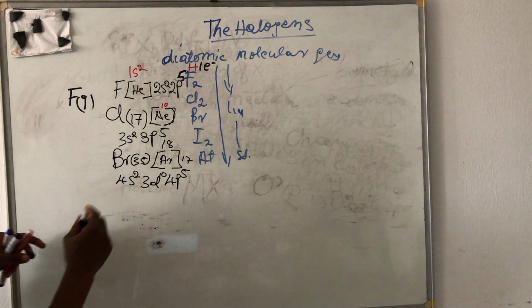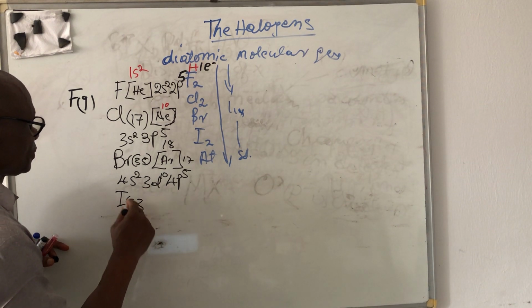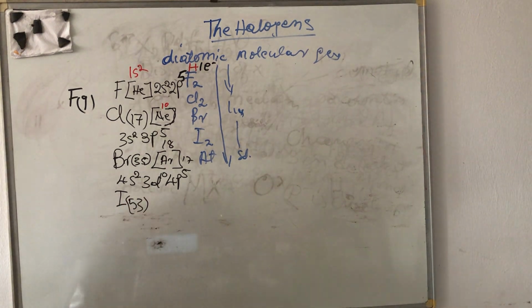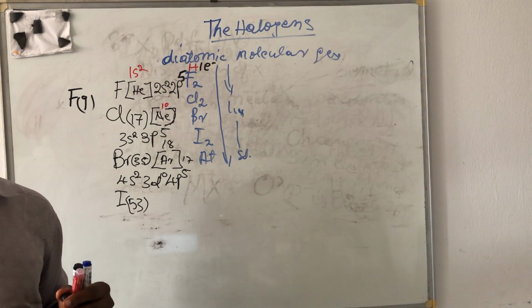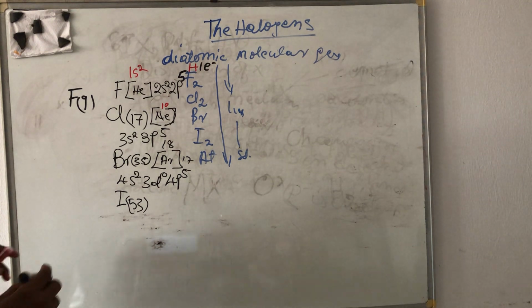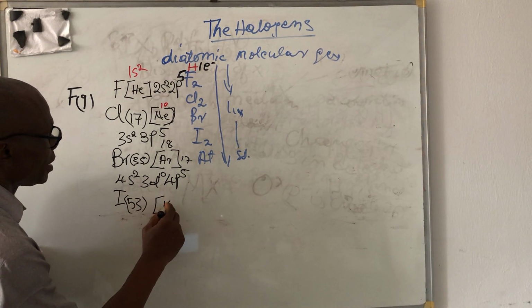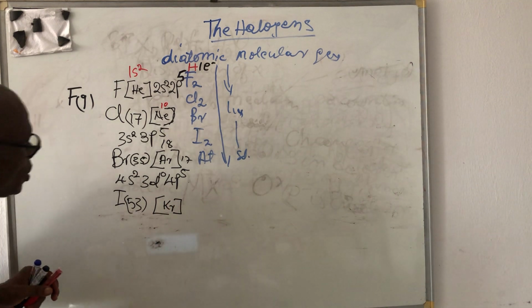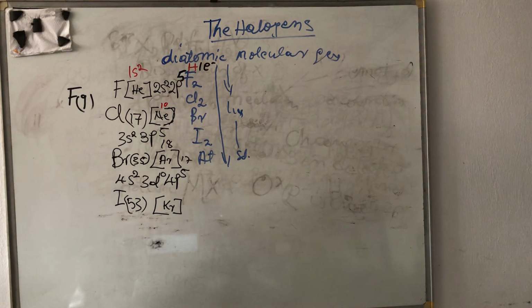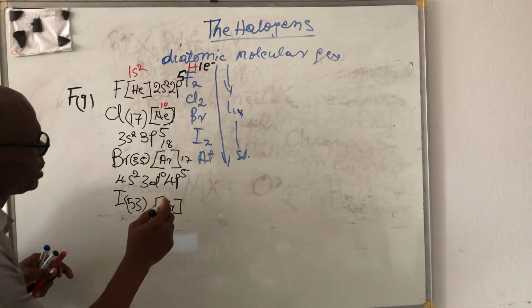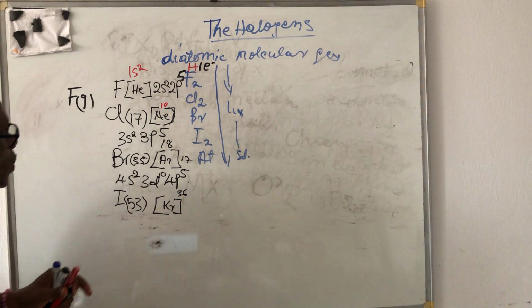And as you go down, you go to iodine, 53. Iodine will carry the krypton core. Krypton is 36.